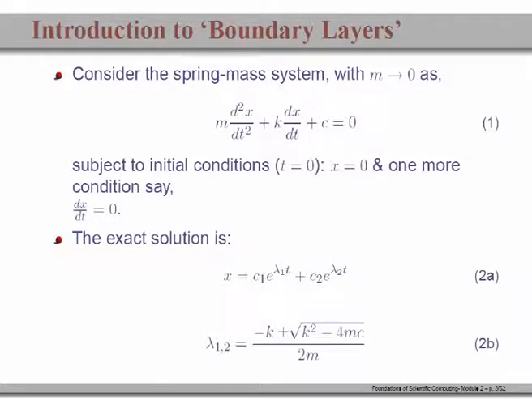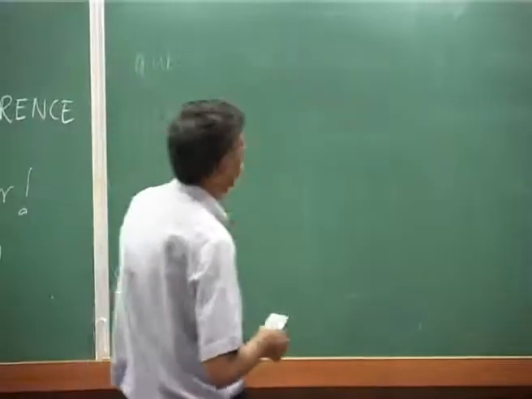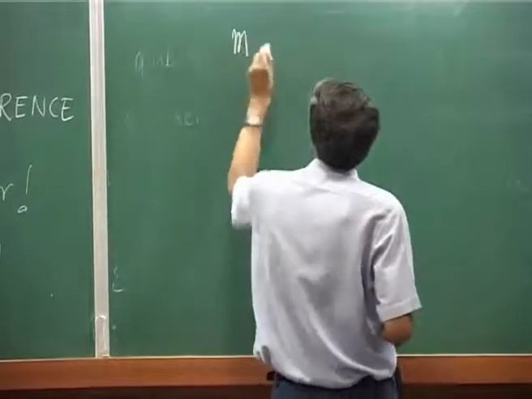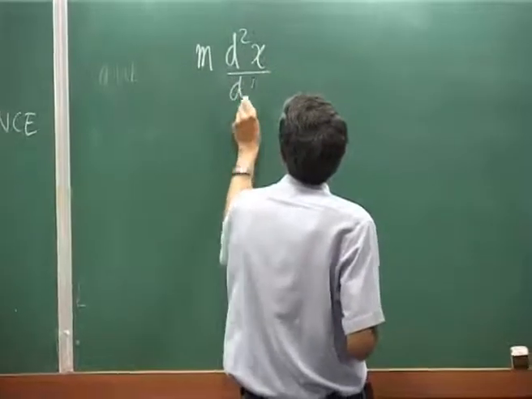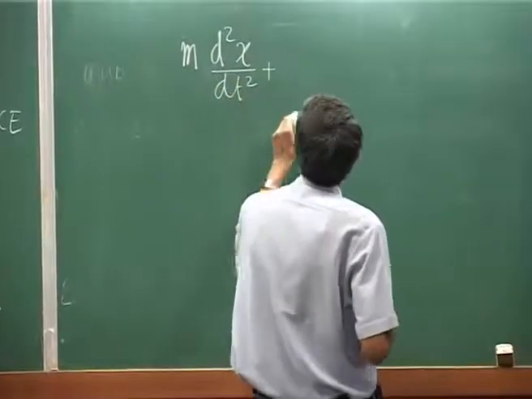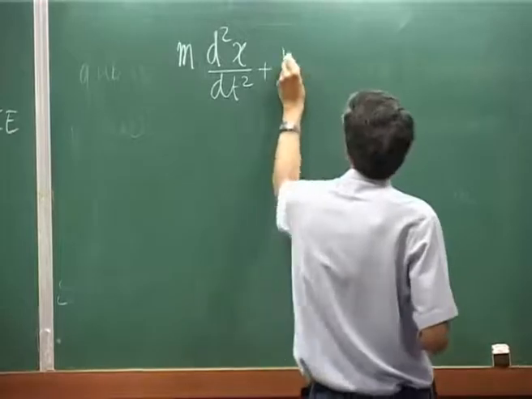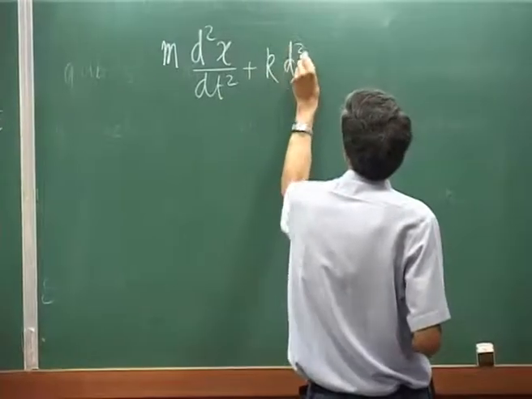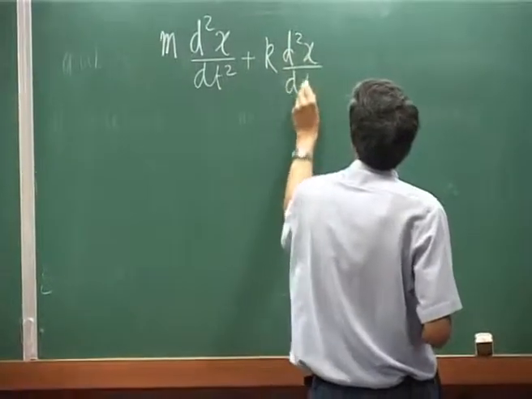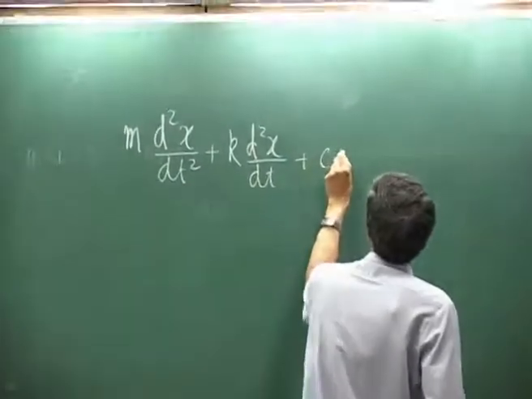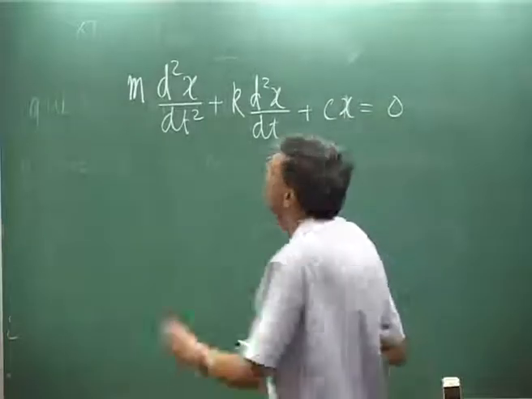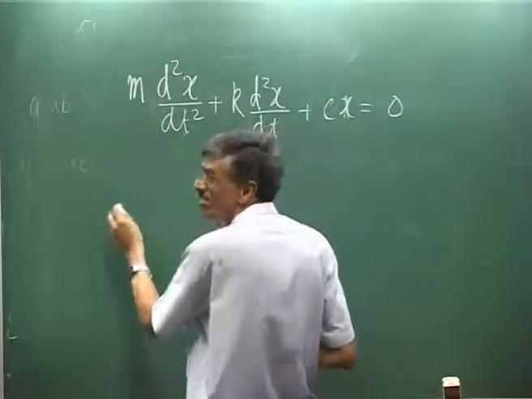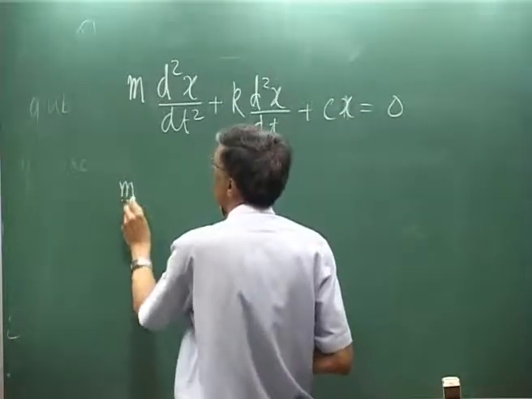So, basically what you are looking at is an equation of this kind, a very simple second order ordinary differential equation. But there is a twist in the tail here: we are considering a system where m goes to 0.